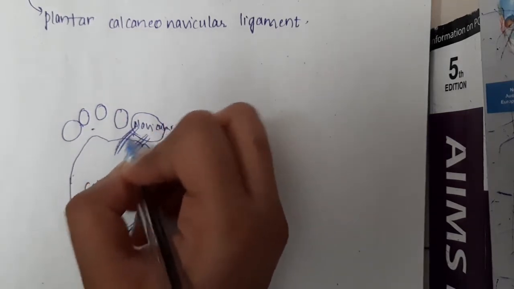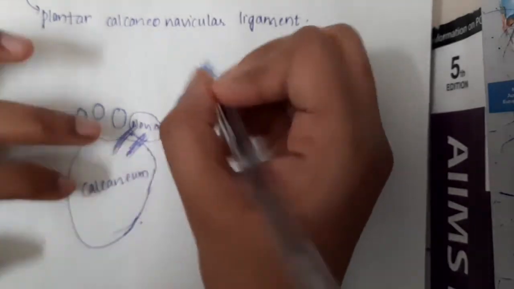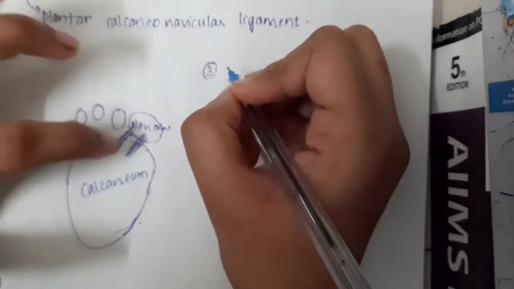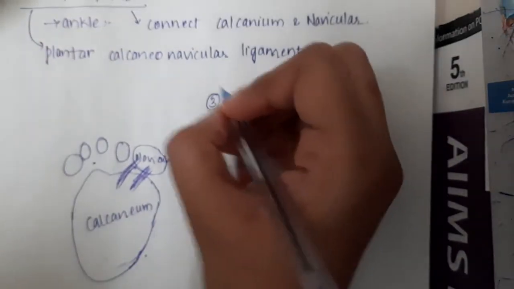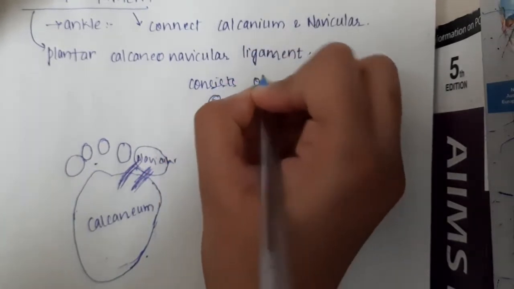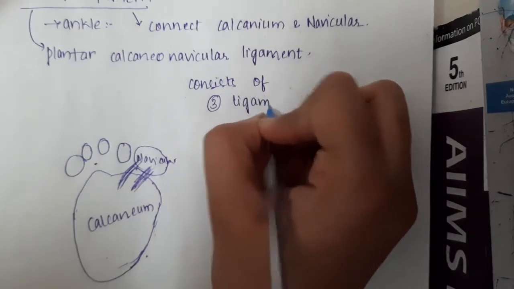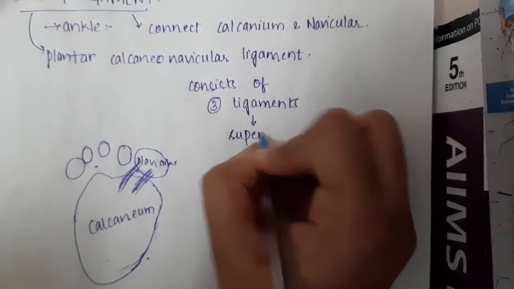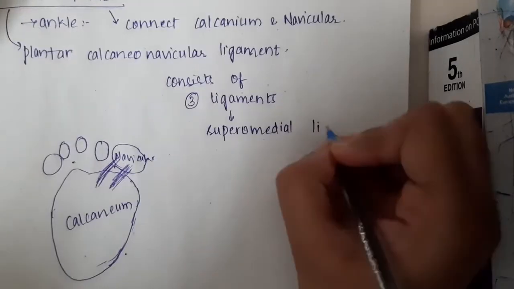It's difficult to draw them here, so just remember that the spring ligament mainly consists of three ligaments, including the superomedial ligament.